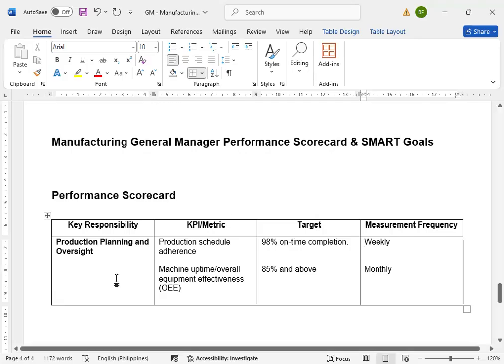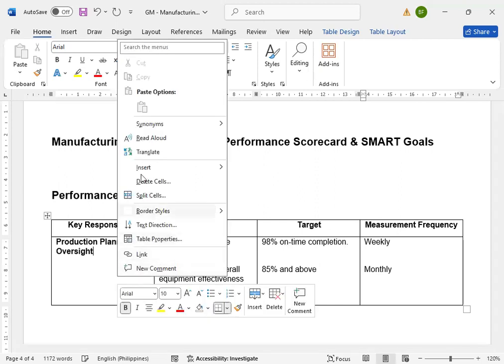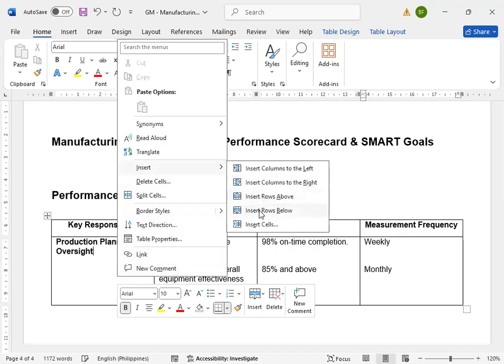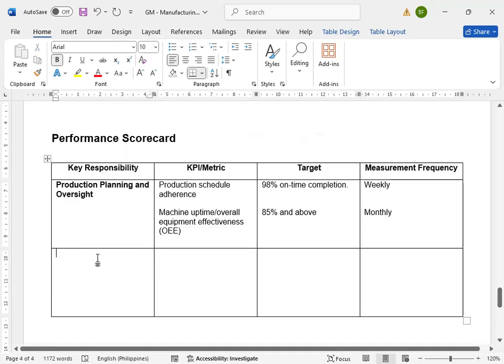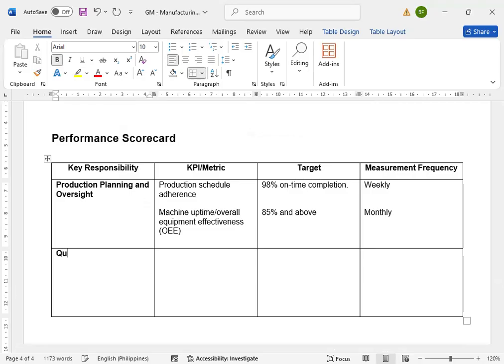Okay, so the next thing I'm going to do is the second key responsibility, which is on quality assurance and food safety.